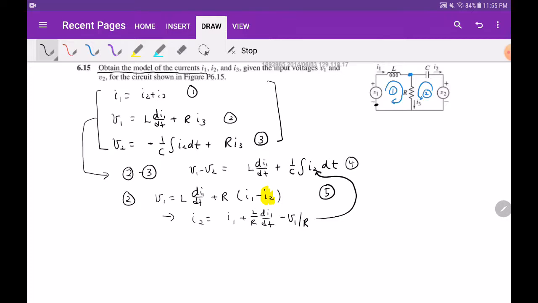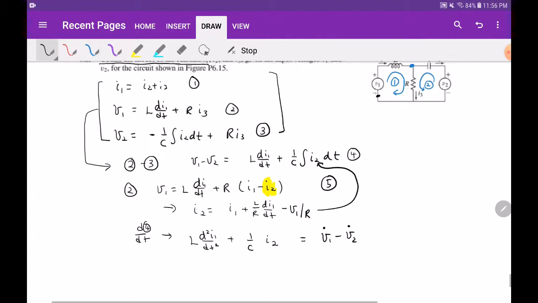Before I do that, I'm going to differentiate the whole thing. So I'm going to differentiate equation 4 with respect to time. And I have L d squared I1 over dt squared plus 1 over C times I2. I differentiated it, so the integral disappeared, equals V1 minus V2, and let's not forget to differentiate those too.